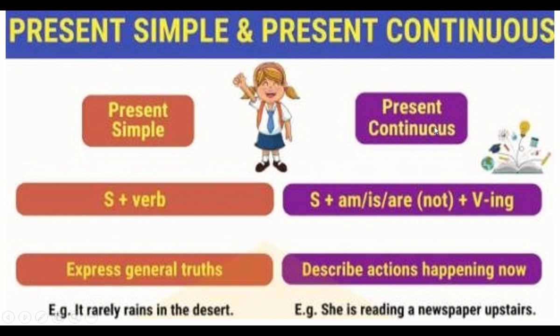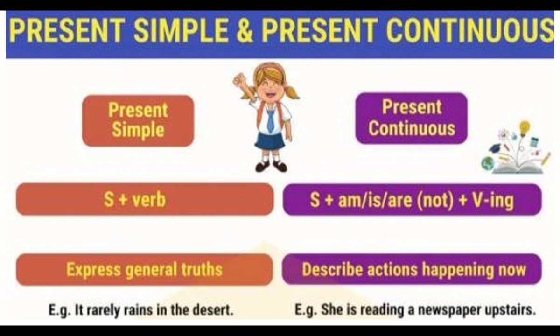We use this tense, present continuous, to describe actions happening now, something which is still happening at the moment of talking. She is reading a newspaper upstairs. She is reading at the time of speaking. She is reading now upstairs.